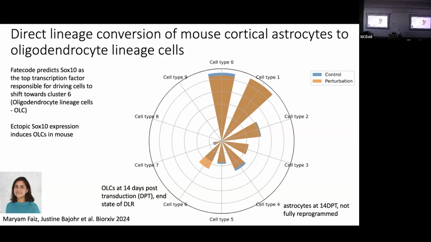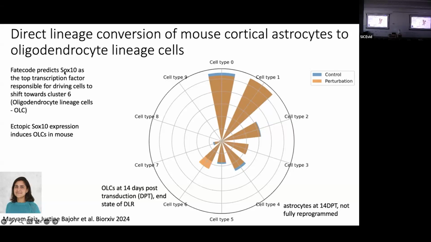If you did that in a human brain in the future, you may be able to create cells that are not getting created during an injury condition, and adding new cells of a particular type might help repair the damage. So that's why she's interested in it.